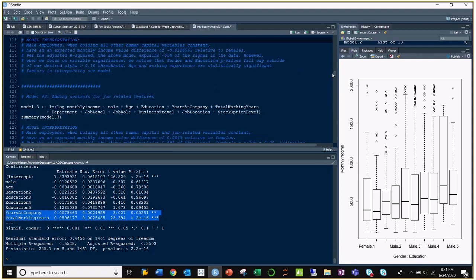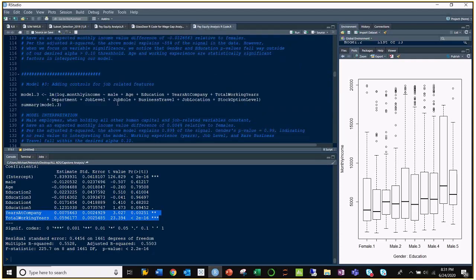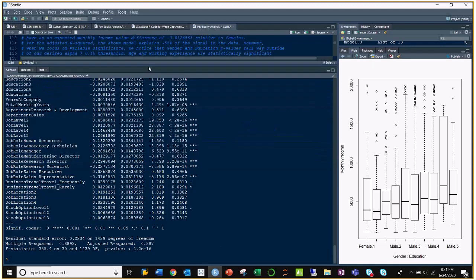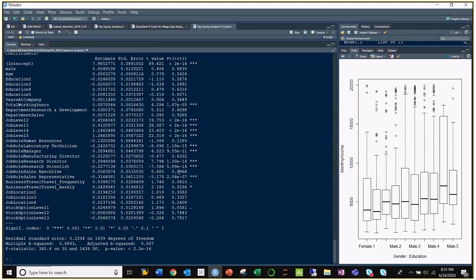What we're going to do in model number 3 is add an additional layer of variables, and these are going to be the job-related attributes. So the department, the job level, the job role, business travel, etc. And here, it's a much bigger model, first of all, so our view is going to expand. What we find is that male, the gender attribute, is not significant.